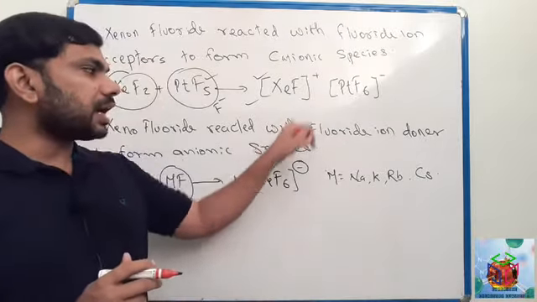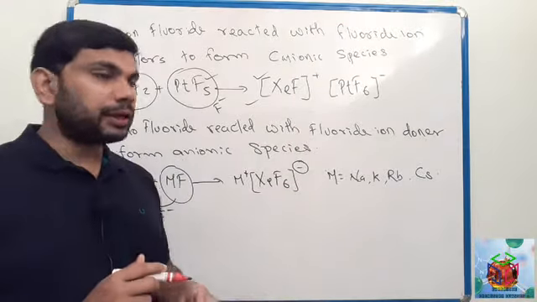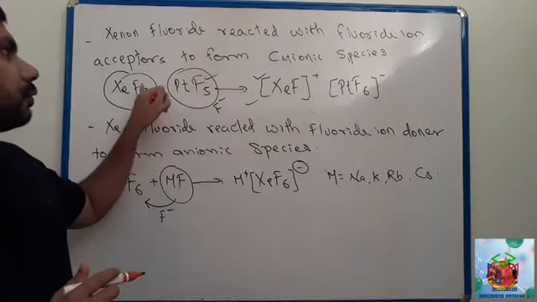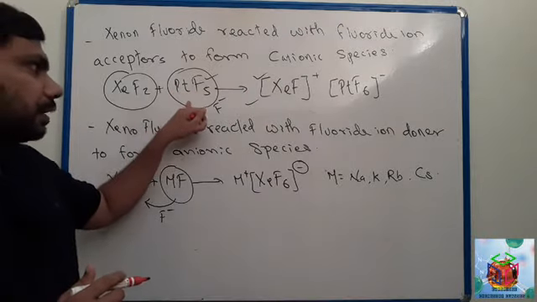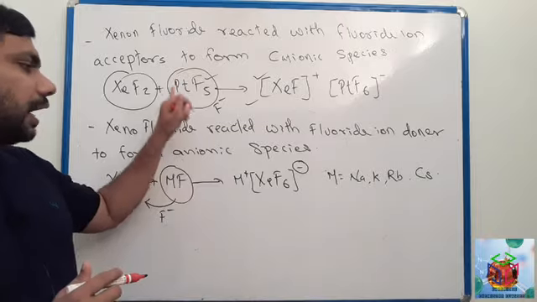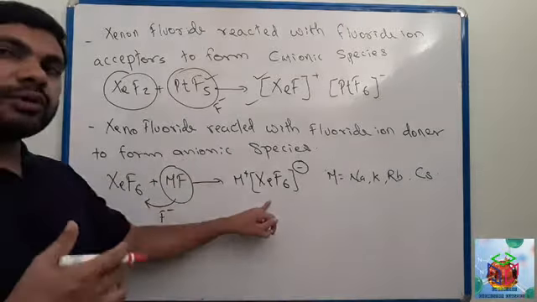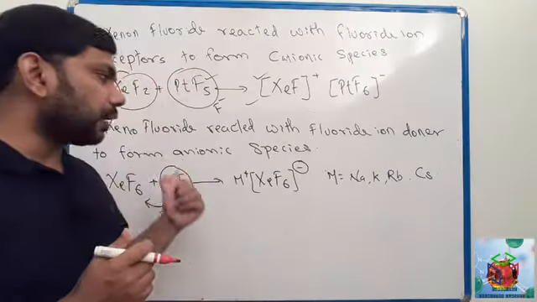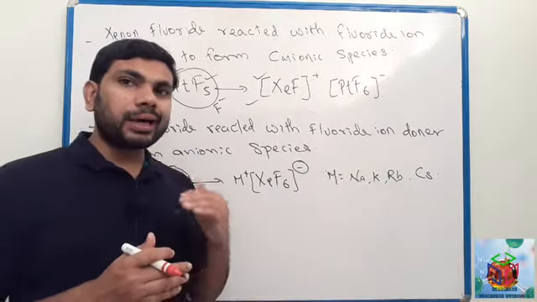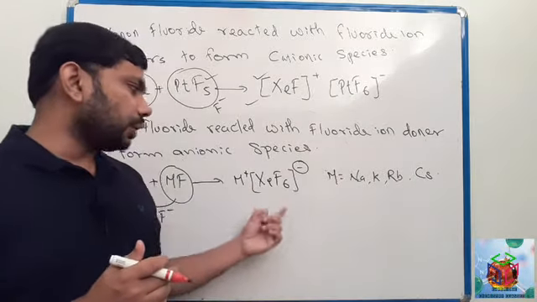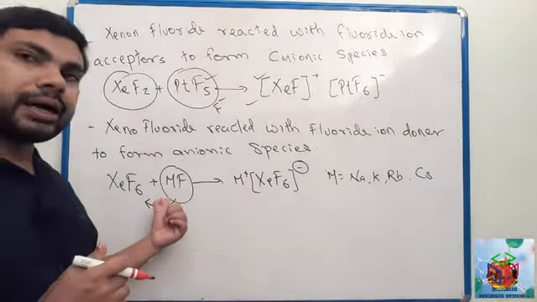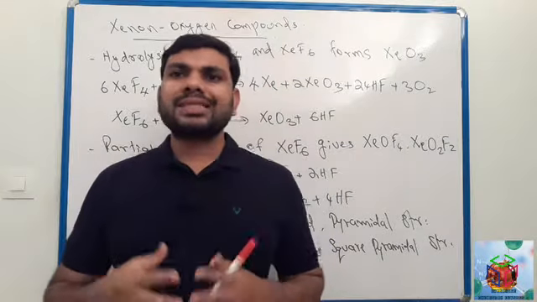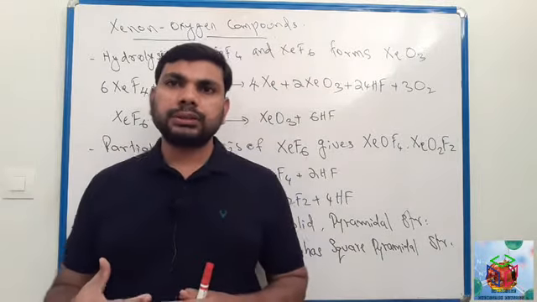Cationic species react with a fluoride ion acceptor. Anionic species: xenon fluoride reacting with a fluoride ion donor. Here this is the fluoride ion donor. Clear? Okay, we discussed xenon fluoride compounds.